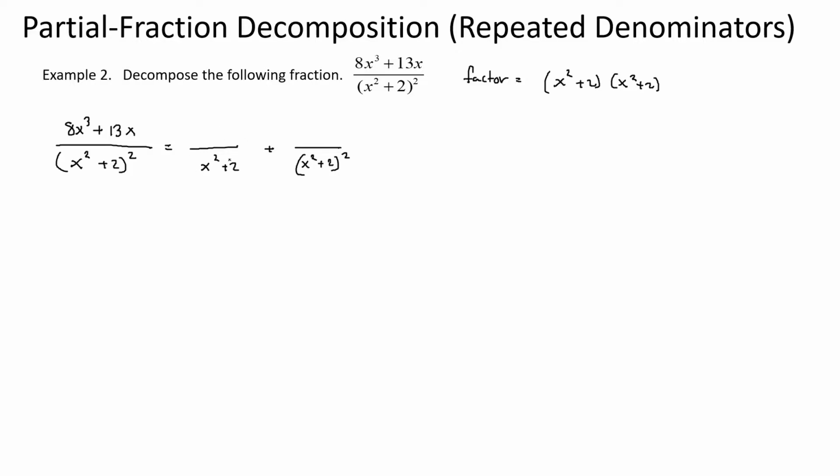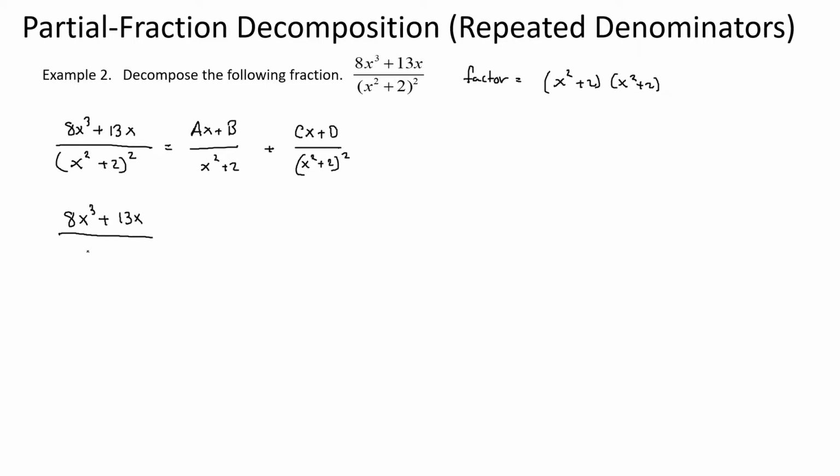So once again, because x^2 + 2 is quadratic, the numerator has to be linear: ax + b. Once again, quadratic, so it has to be linear: cx + d.